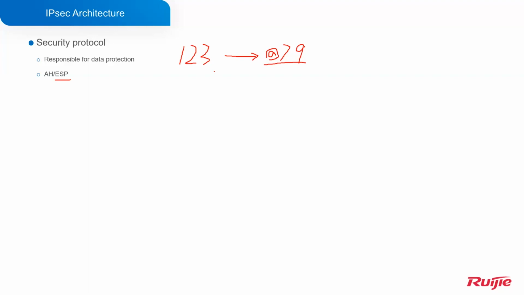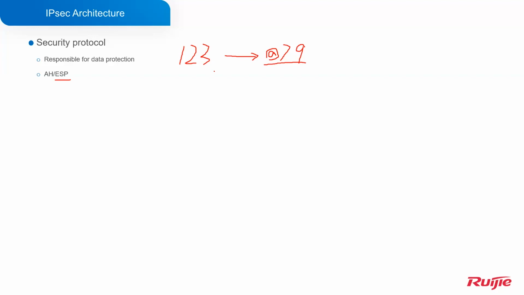So if you want to forward other messages, the resources may not be enough. So depending on your real network, you choose AH or ESP, right? This is the first part of the IPSec architecture.